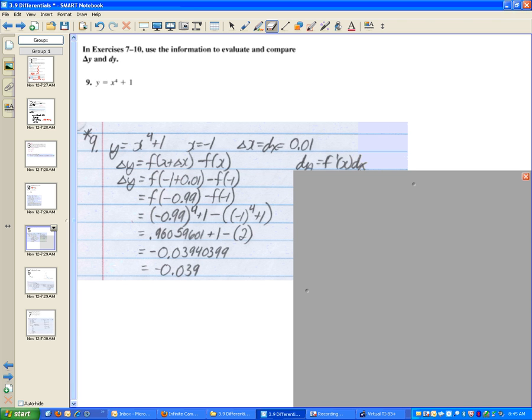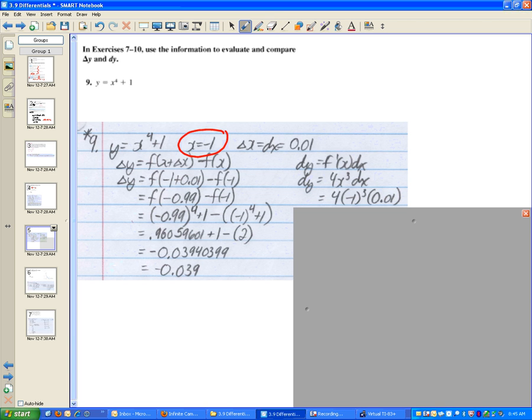Let's see how dy works out. dy equals f prime of x dx. What is f prime of x? 4x cubed. So dy equals 4x cubed dx. So dy equals 4 times, what they tell us x is? Negative 1. So 4 times negative 1 cubed times, what they tell us dx is? 0.01.